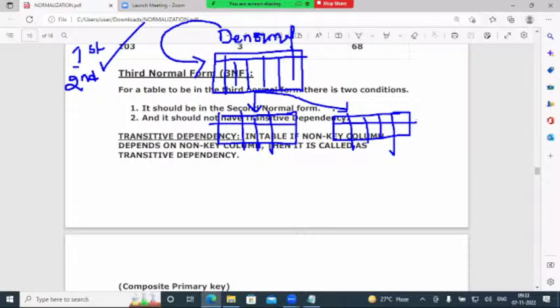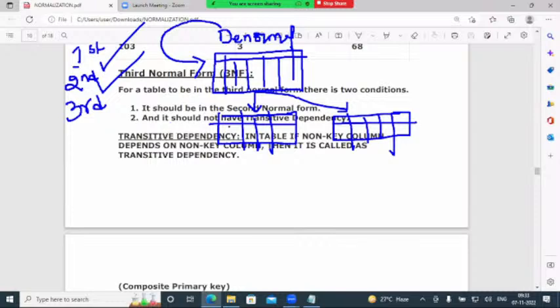After splitting into these 2 tables, again I check first normalization, satisfied. Second normalization also satisfied. Then what next? I want to check my third normalization technique. Third normalization says your table should first be in second normal form, and second, there should be no transitive dependency columns.